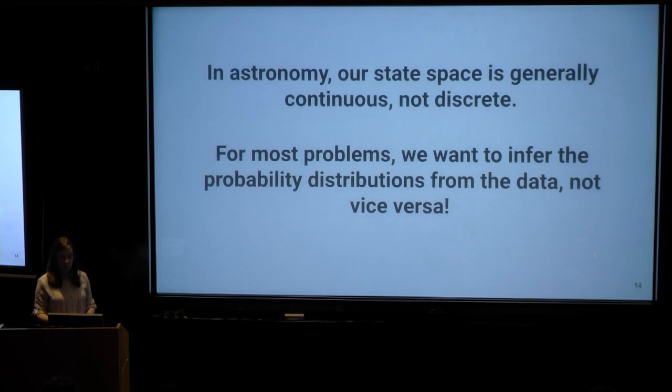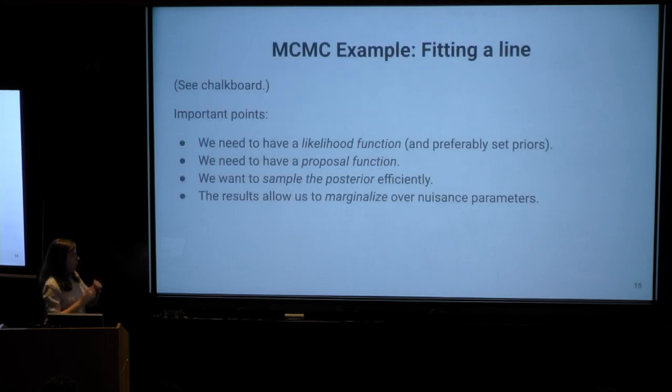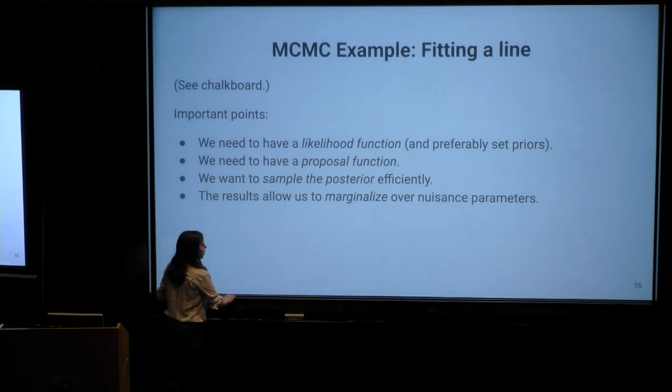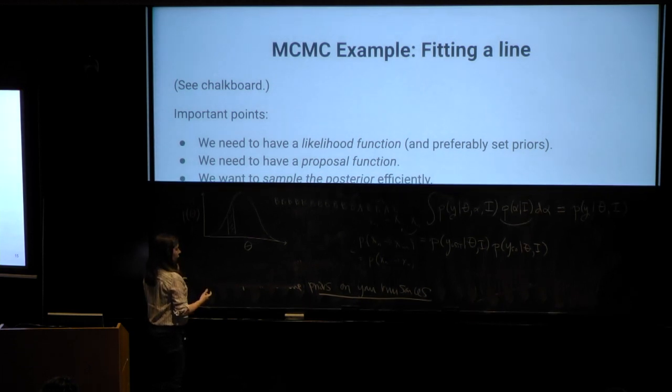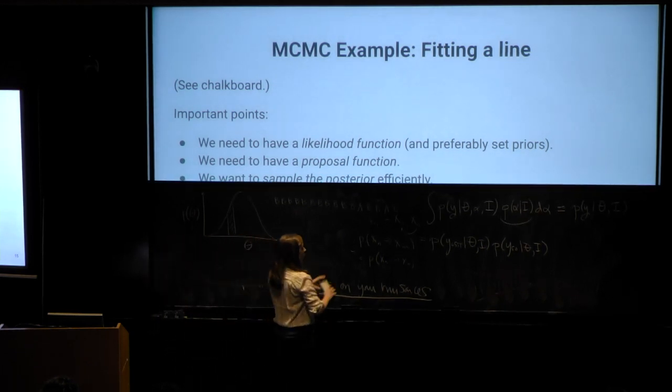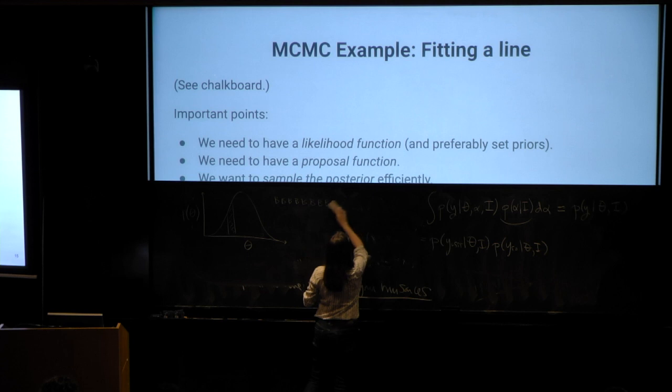So this is what the MCMC is essentially doing, is trying to generate a Markov chain based on unknown transition probabilities that we want to figure out based on the data. So I'm going to go through a little bit of an example now in terms of fitting a line to data. And this was something that you were working on a bit yesterday.